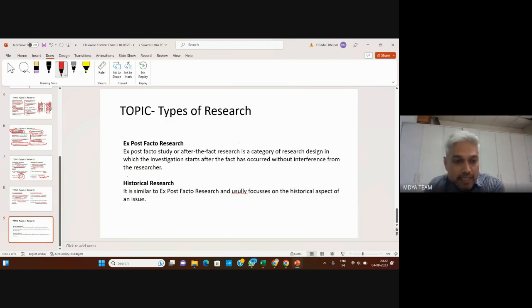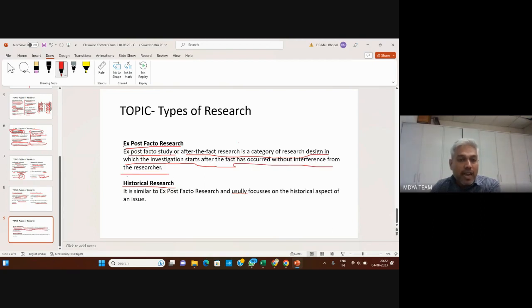The ninth slide says about ex post facto research and historical research. There is no comparison in that. Ex post facto study, or after-the-fact research, is a category of research design in which the investigation starts after the fact has occurred, without interference from the researchers.